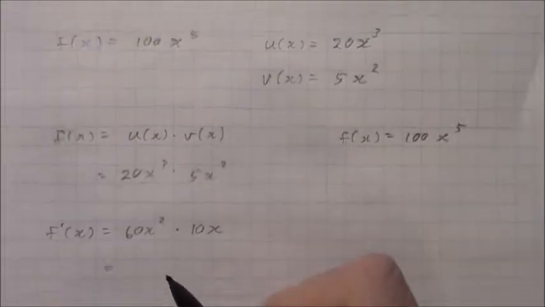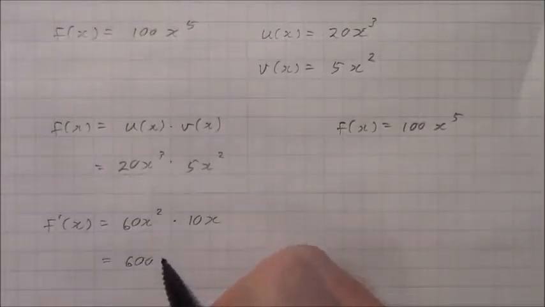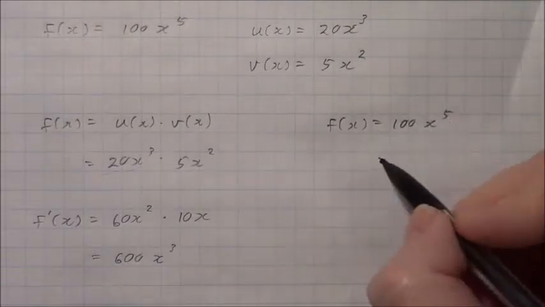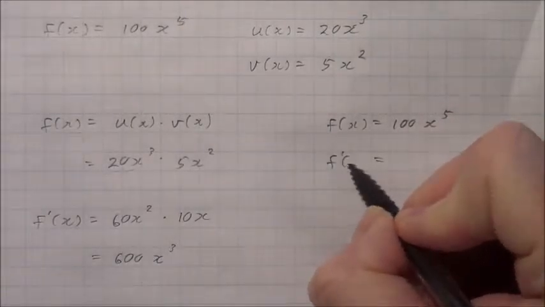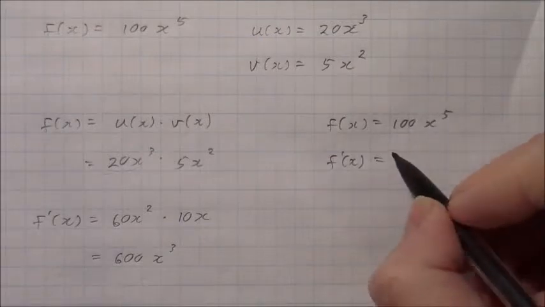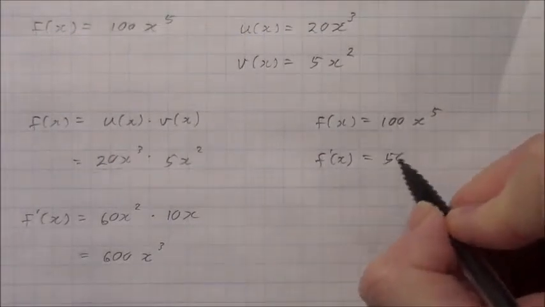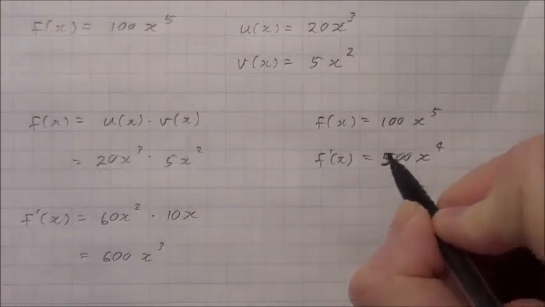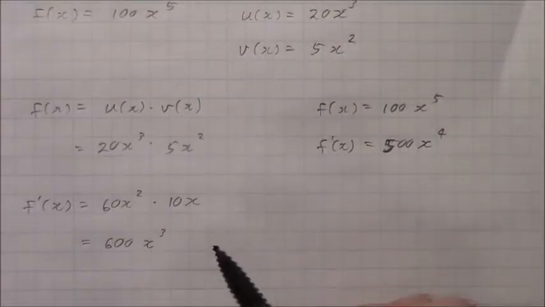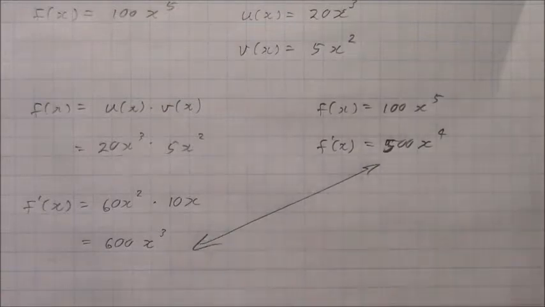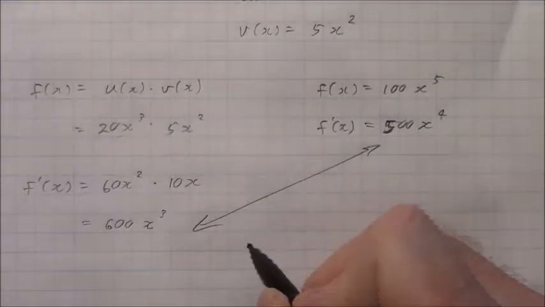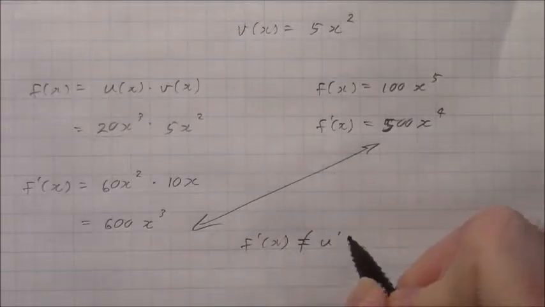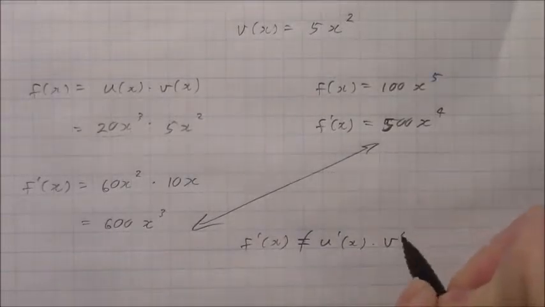So that's going to give us 600x cubed. Over here with the original function itself, we bring the 5 down in front, multiply by the 100, so we get 500x to the power of 4. Okay, so this shows us that f prime of x does not equal u prime of x multiplied by v prime of x.